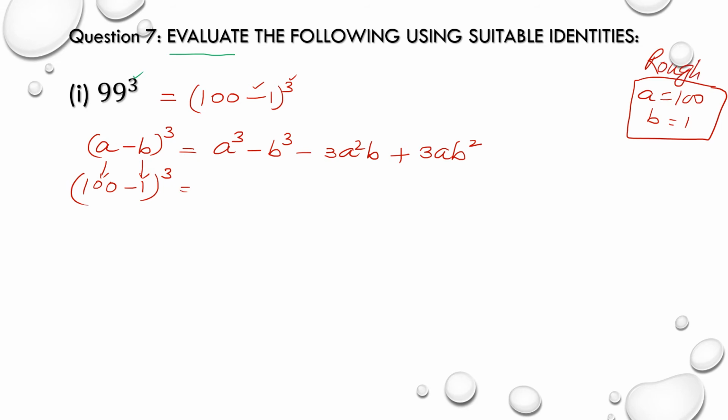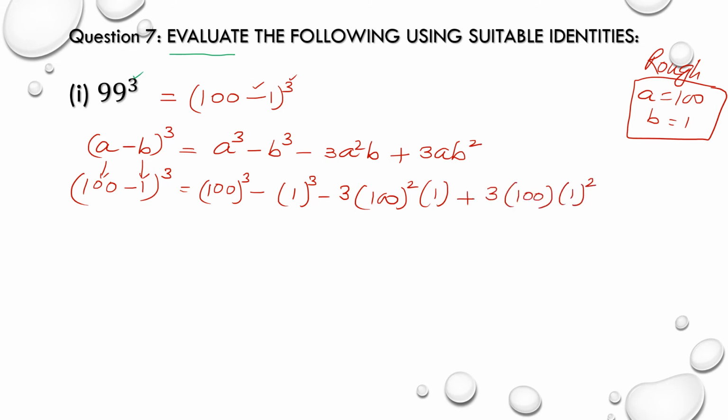जहाँ पर a है हम वहाँ पर 100 लिखेंगे, माइनस की जगह माइनस, जहाँ b है वहाँ पर 1, minus 3 a square, that is 100 square, b is 1 plus 3 a is 100 and b is 1, right? Now what is cube of 100? Cube of 100 is 1 and there will be 6 zeros, right? So we have 10 lakh.